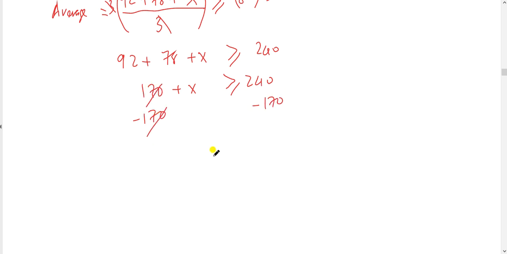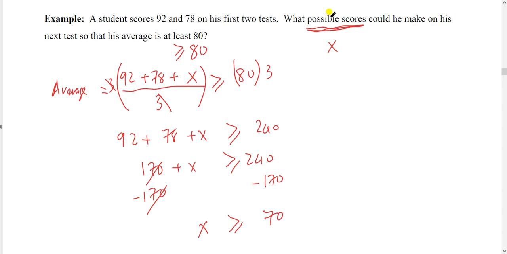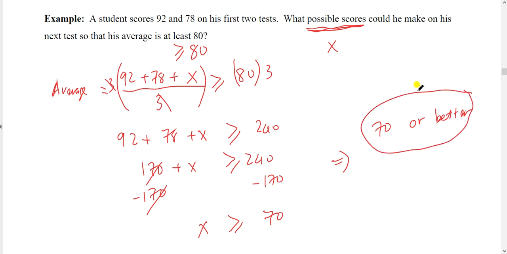That's taking away 170, so x is bigger than or equal to 70. This tells me that as long as his third exam score is 70 or higher, then the whole average should be bigger than or equal to 80. So he needs to get 70 or better on his third test to be able to get an average score of at least 80.